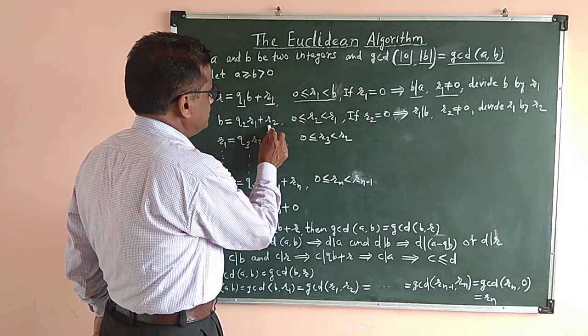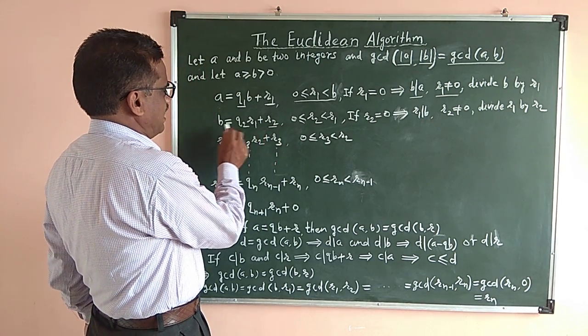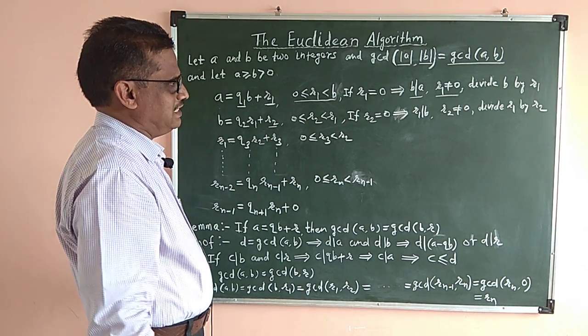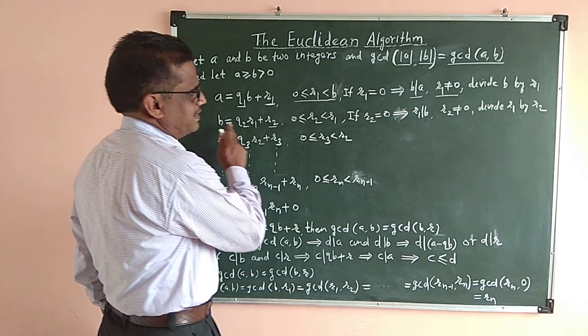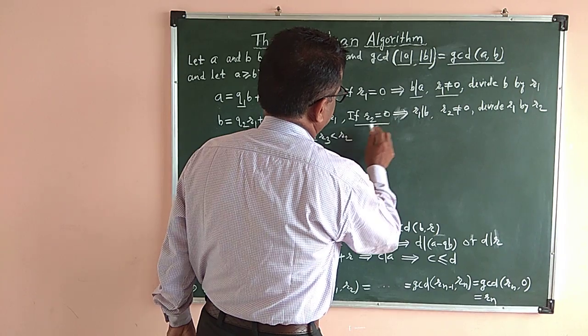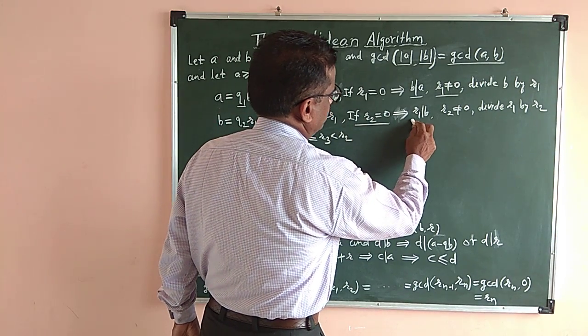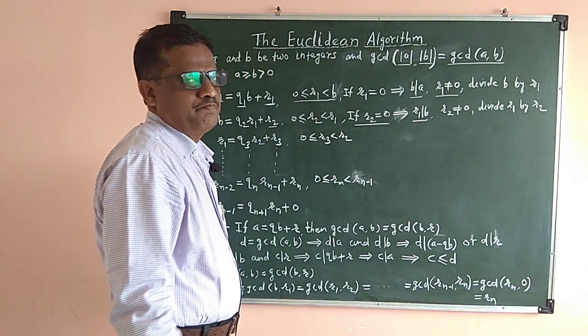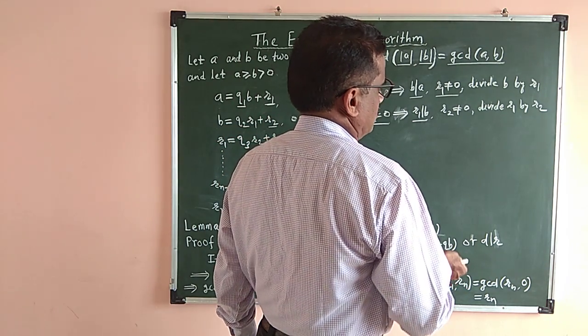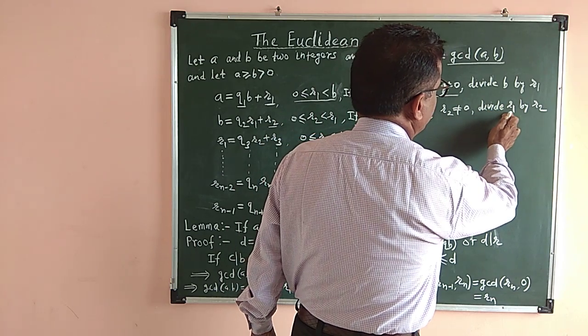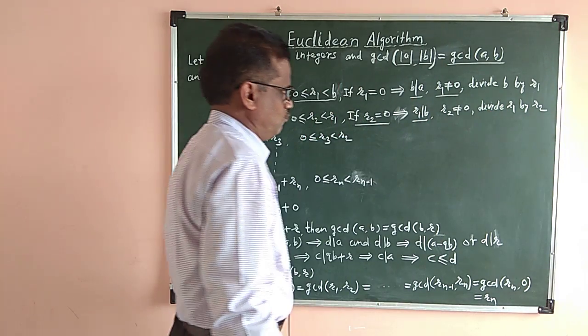If R2 is equal to 0, then by the definition of divisibility, we get R1 divides B. But if R2 is not equal to 0, we can again divide R1 by R2.